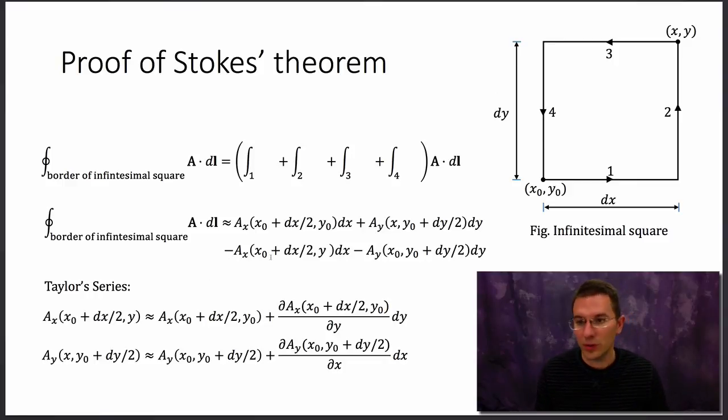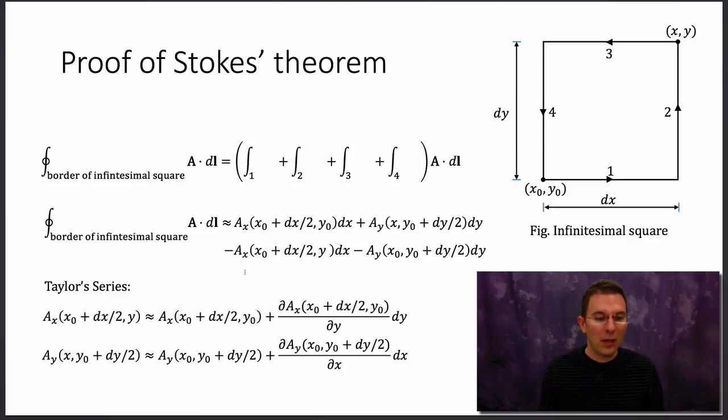You'll notice you are evaluating the fields at slightly different points, but we're just saying the field is basically the same as it is in the middle of the line segment. Anyway, the important thing is this is an approximation to the circulation of A around this little infinitesimal square.